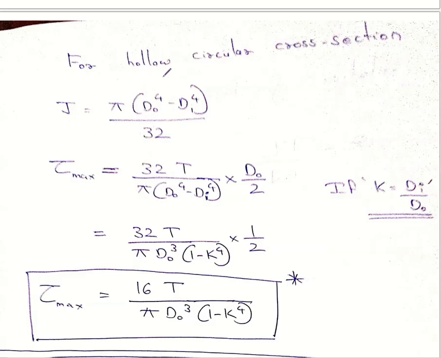Now for a hollow circular section, the capital J value is pi times d_o raised to 4 minus d_i raised to 4, divided by 32, where d_o is the outer diameter and d_i is the inner diameter. If I am to show the stress profile here, it will be like this.